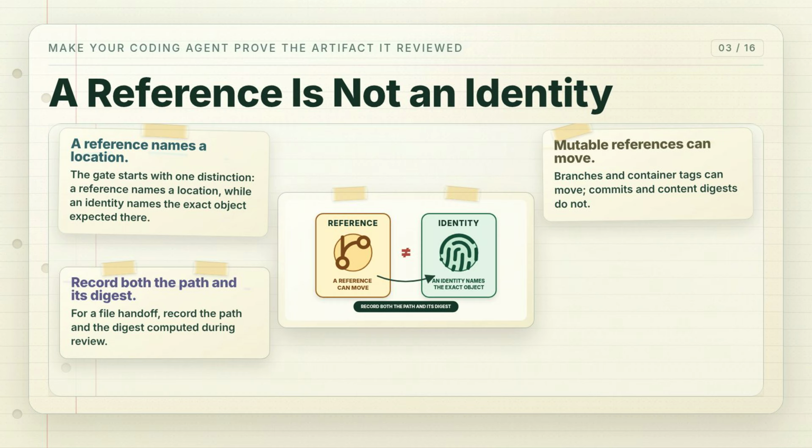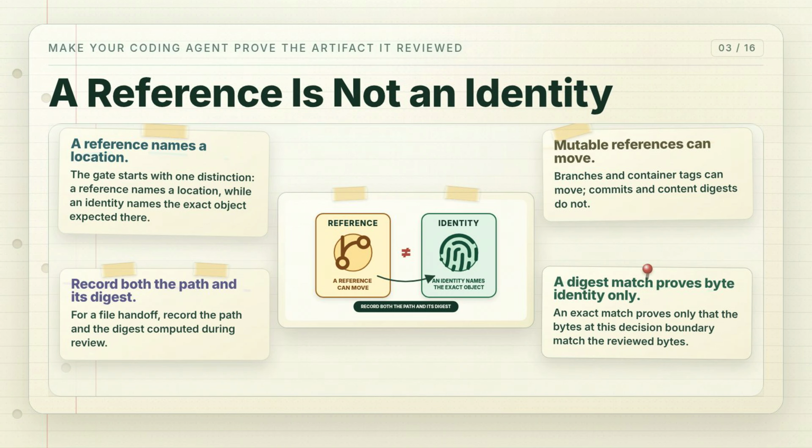At the next stage, open the file at that path, hash its current bytes, and compare that digest with the recorded digest. An exact match proves only that the bytes at this decision boundary match the reviewed bytes. It does not prove the reference was unchanged earlier or that the bytes are correct, private, or useful. Those claims need separate checks.